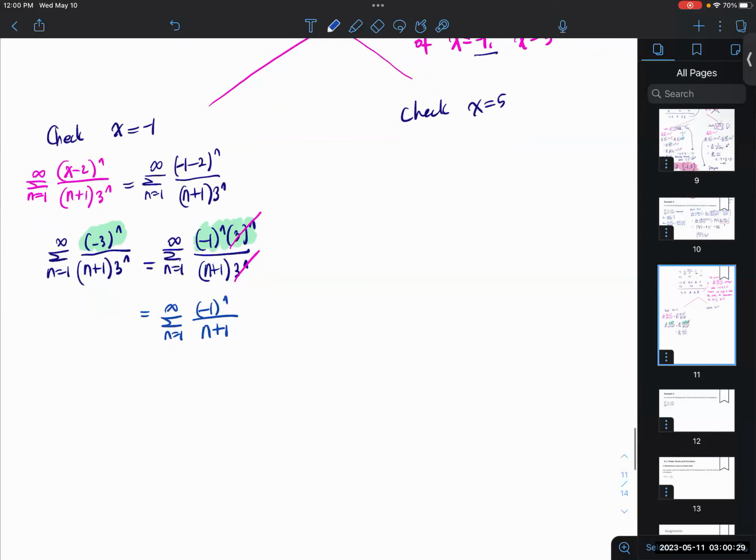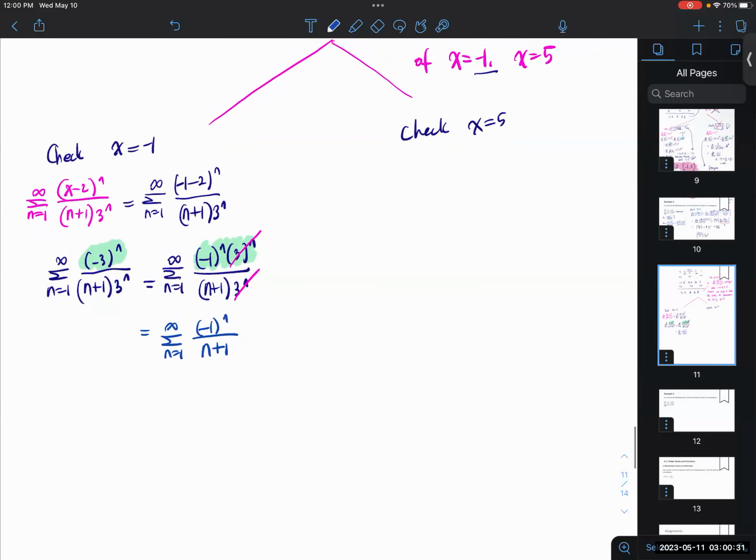What is that? Just check the partial terms. If n is 1, (-1) to the 1 is negative, so -1 over 2. The next one will be plus, then minus, alternating.